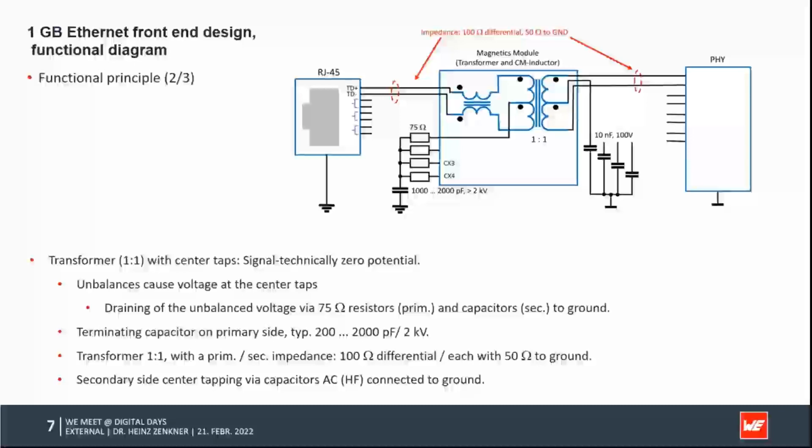Primary and secondary of the transformer are connected to the ground. On the one side, towards the cable, there is a thing called a Bob-Smith termination. We will come closer to this point. And the secondary part, which goes to the Pi, has the center tap connected with capacitors to the ground. You see already here there are different grounds. I will explain later why we have those different grounds.